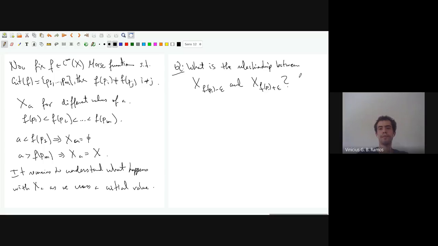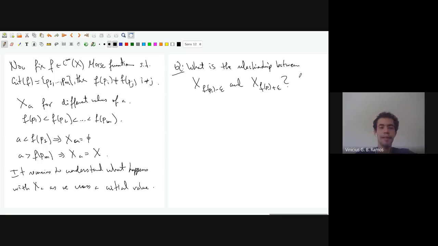So that's the question that we're going to answer now. So before that, we can say what happens as you cross the smallest one, f of p1, and you can say what happens when you cross the largest one. So that's going to be the easier part.